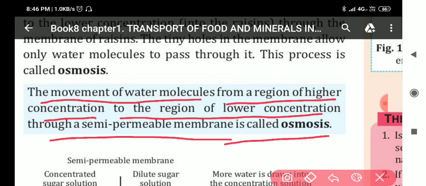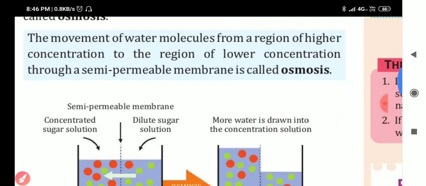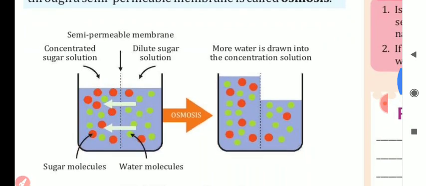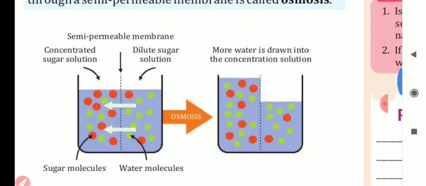My dear students, in osmosis, the water molecules move from the higher concentration to lower concentration through a semi-permeable membrane. Next, we can understand the process of osmosis by this diagram. Just look into the diagram.